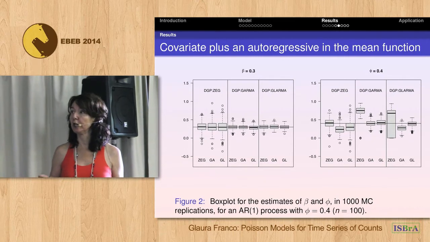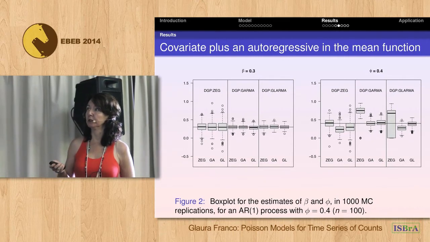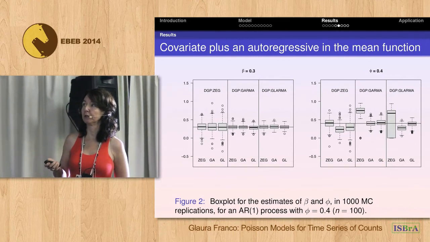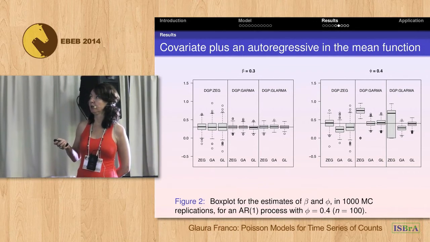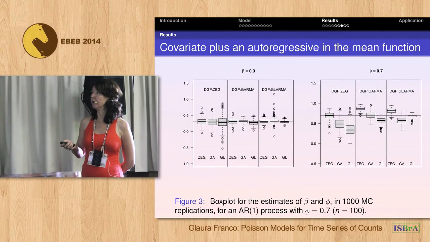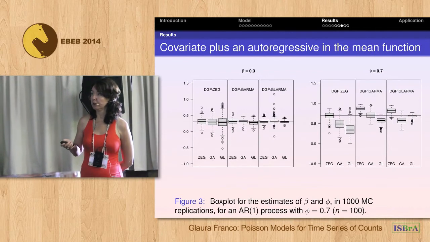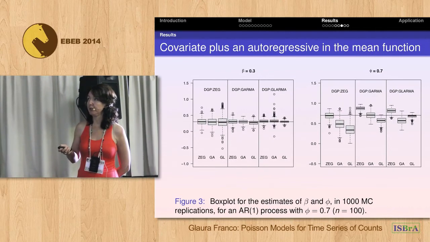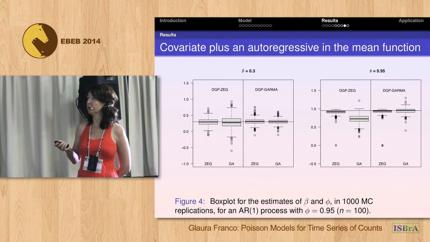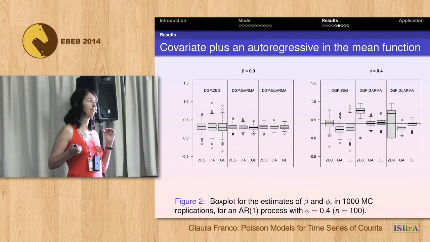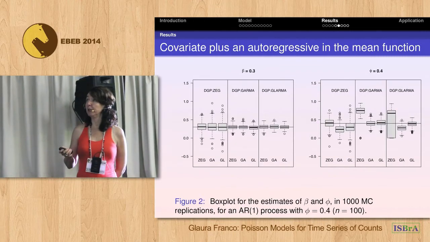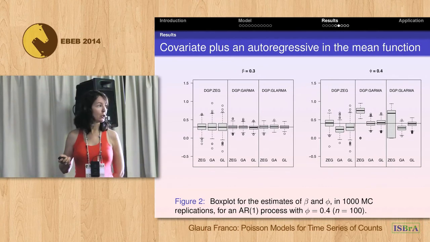So it doesn't change the value of the parameter of the covariate. If we generate from a model with phi equal 0.4 or 0.7, it gives exactly 0.3 here, or even the 0.95, so the estimates of the parameter of the covariate don't change.